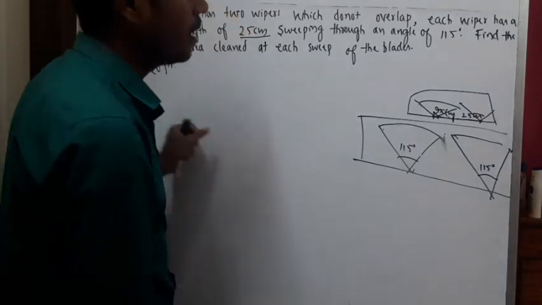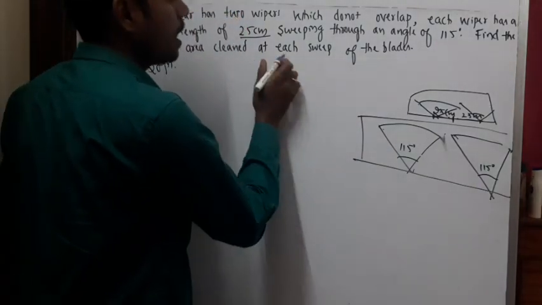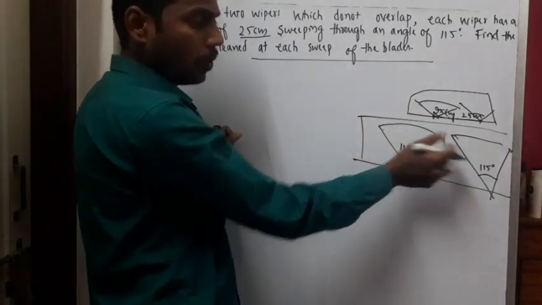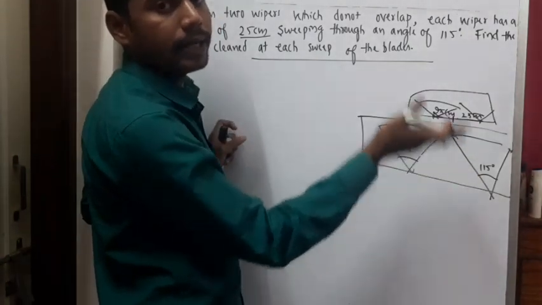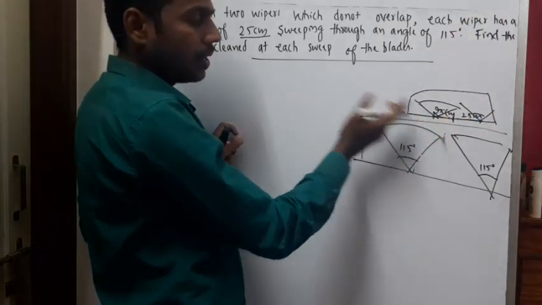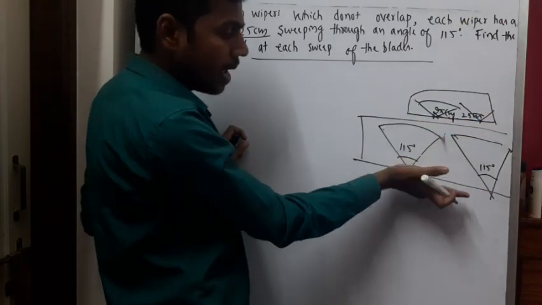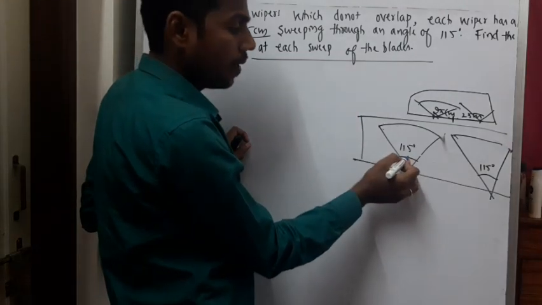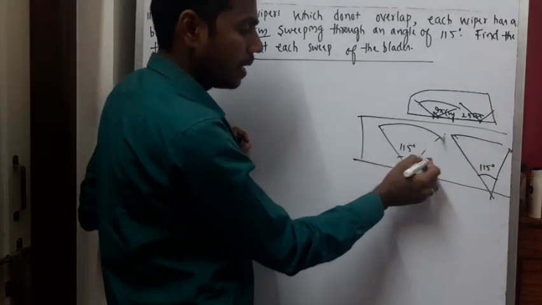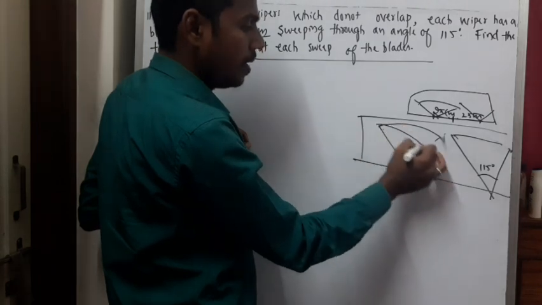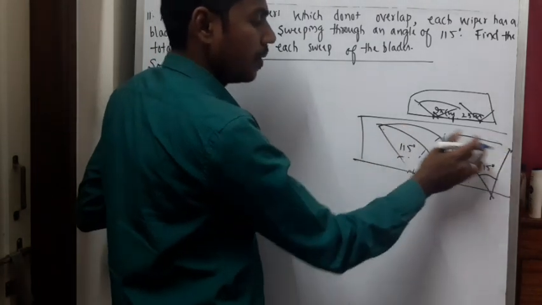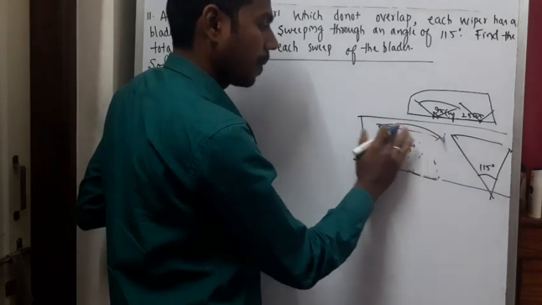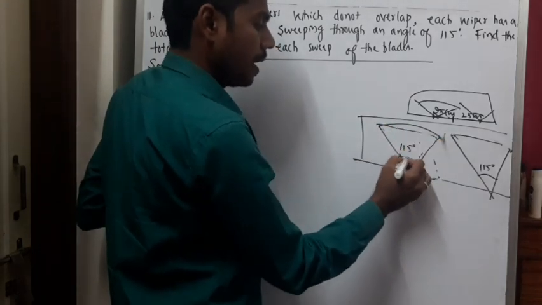Now after that, what we need to do? We need to find the total area cleaned at each sweep of the blades. So what is the total area put together? Both the blades put together, what is the area swept? Means they are going to clear it. So what is the area swept by both the blades, which is 115 degrees.